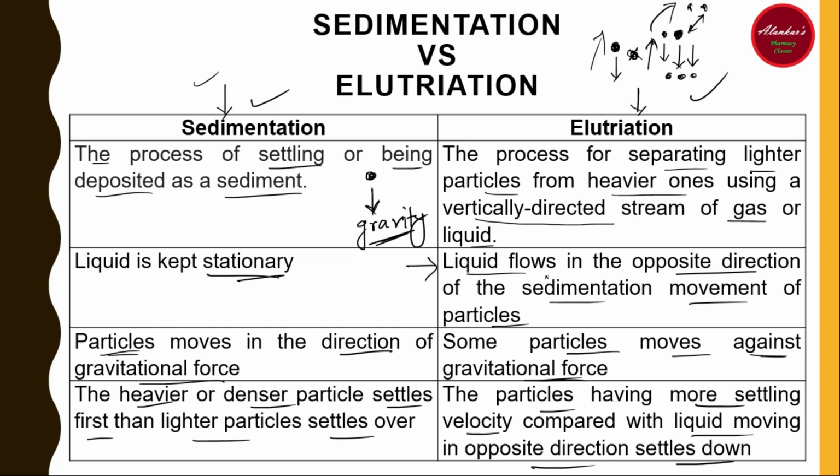The velocity of settling of such particles is higher as compared to the liquid, so these particles are not trapped and sedimentation still occurs. In such a case, the lighter particles can be separated from the heavy particles by controlling the velocity of the vertically moving liquid.